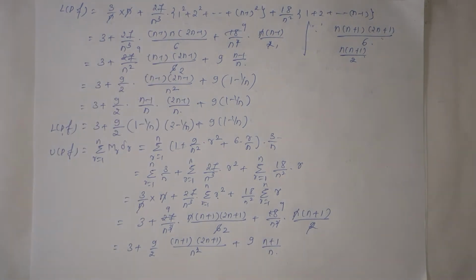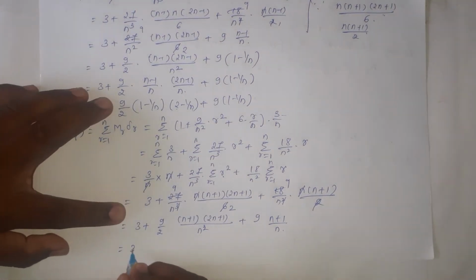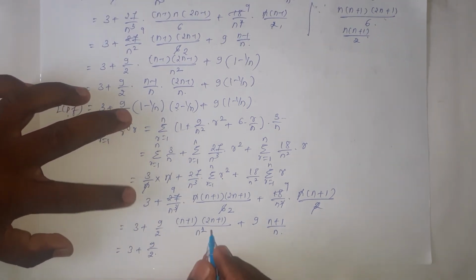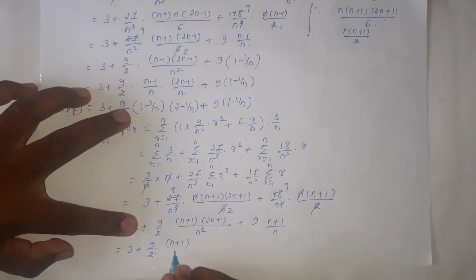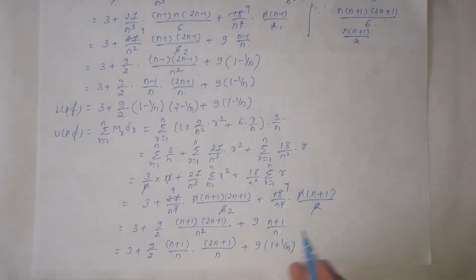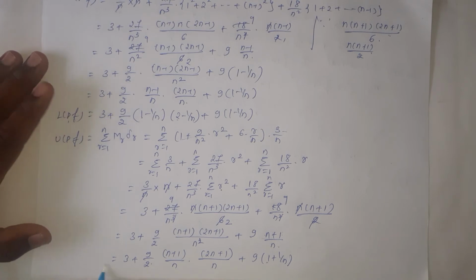So, this is the UPF, and we can simplify further, then it is equal to 3 plus 9 by 2, and this n square can be written as n into n, that is (n plus 1) divided by n into (2n plus 1) divided by n plus here 9 into 1 plus 1 by n, dividing this n plus 1 by n separately, that is n by n is 1, then plus 1 by n. So, therefore, this one is the UPF.